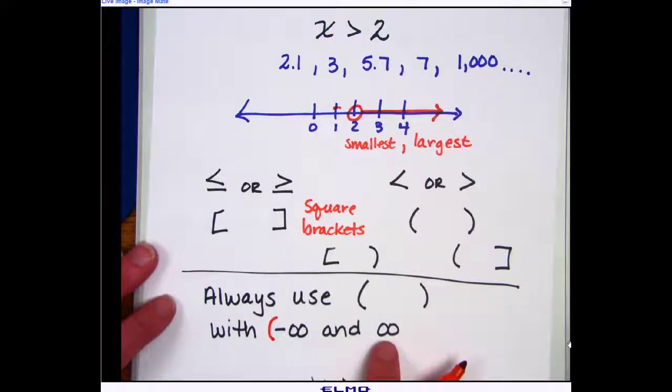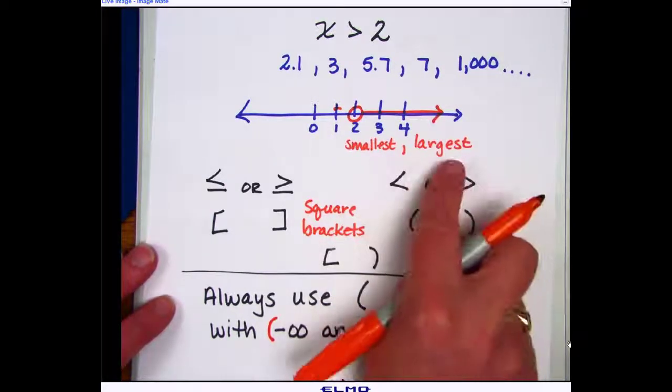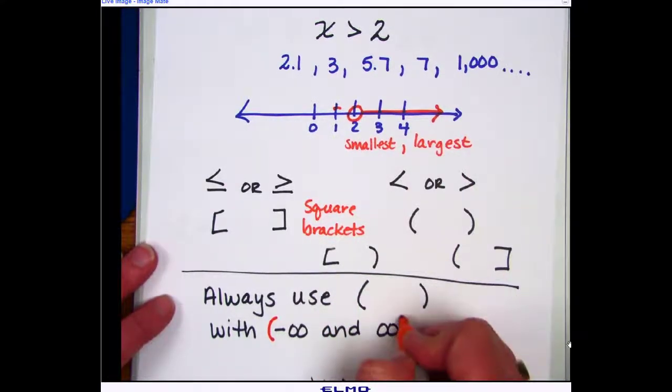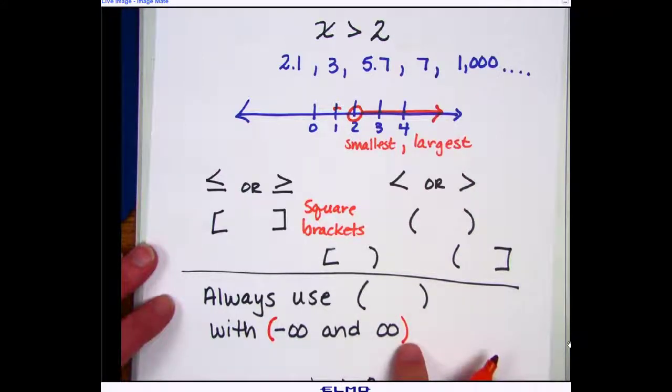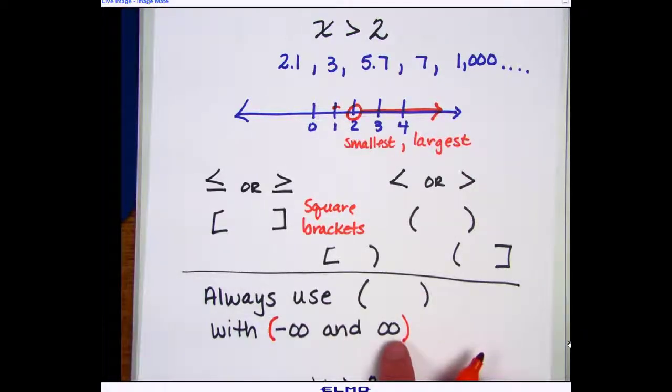And positive infinity is never going to be on the small side. It's always going to be on the largest side, so we'd always use this rounded bracket with infinity. And it kind of makes sense because we can never really get equal to infinity, right? Because infinity goes on forever. So we're going to always use rounded brackets with negative infinity and positive infinity.